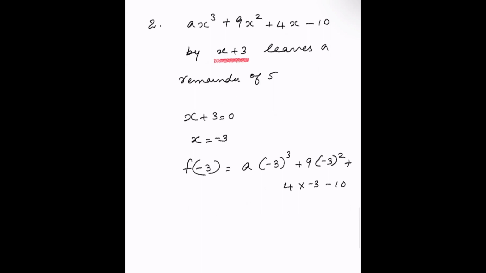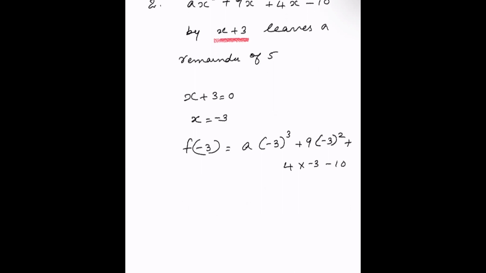Now in the next step, I'll equate f of minus 3 already given to me as 5. So 5 is equal to negative 27a, 3 cube is negative 27, plus 9 into 9 is 81, minus 4 3s are 12 minus 10.